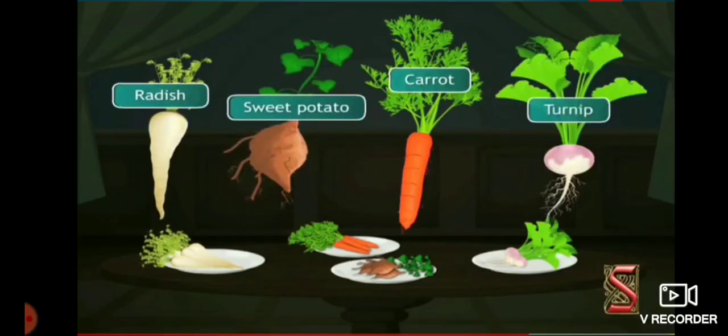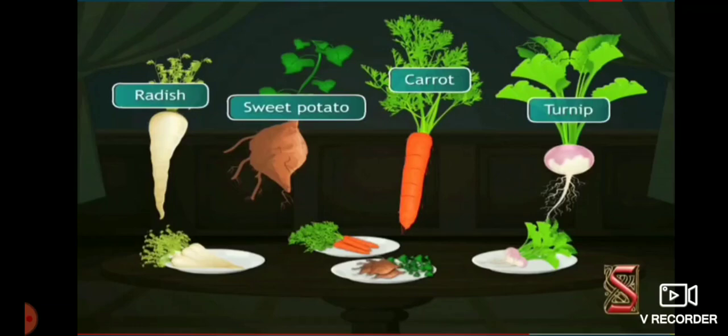Some of the roots that we eat are radish, sweet potato, carrot, turnip, etc. These all are tap roots. Once more I repeat. Radish, sweet potato, carrot, turnip, all are root modifications and we eat them. They all are tap roots.